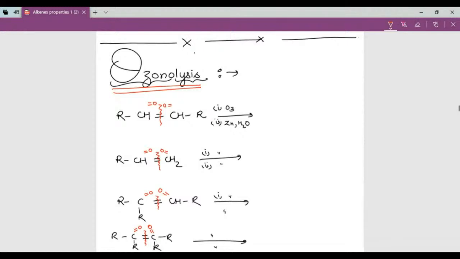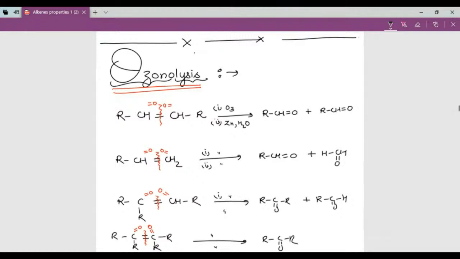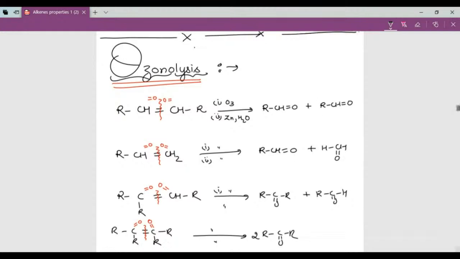This is a very net approach we can take. So here is a formation of RCH=O plus RCH=O. Here it is formaldehyde. Here it is ketone plus aldehyde. Here it is 2 moles of ketone.